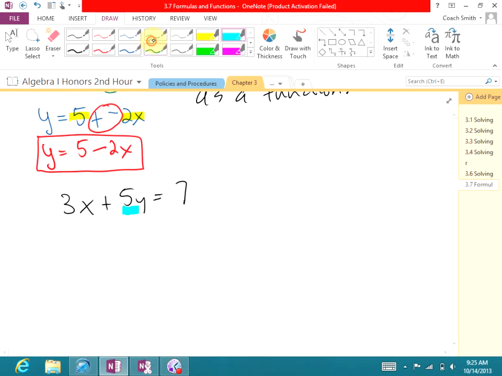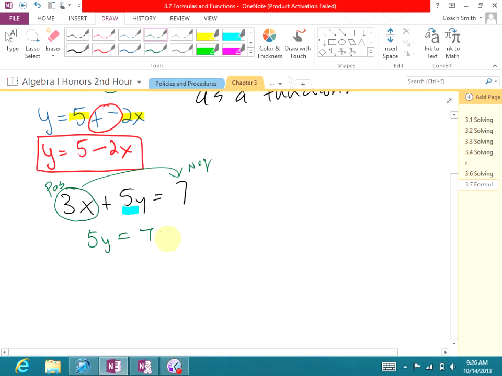Okay? But the first step is still the same. Get the 3x over to the other side. Here it is a positive. Here it becomes a negative. And so that gives me 5y is equal to 7 plus negative 3x.